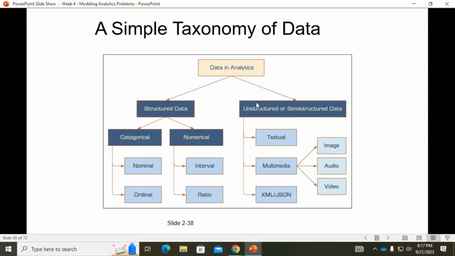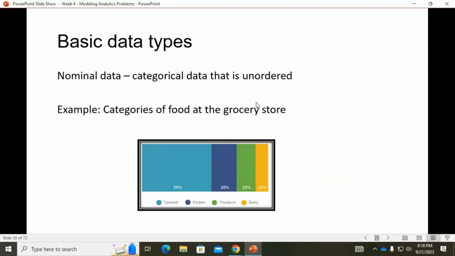But ideally, you have structured data. So data that is quantitative in nature and falls under one of two categories. So either it is categorical or it is numerical. So we'll give examples of each of these. So for categorical data, it's either going to be nominal or ordinal. Numerical, it's either going to be interval or ratio. So let's take a look at some examples.